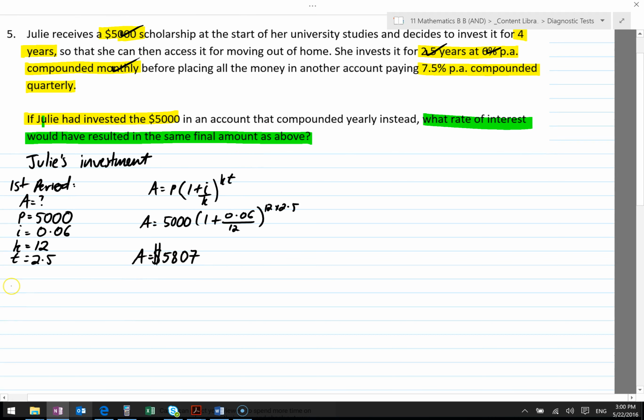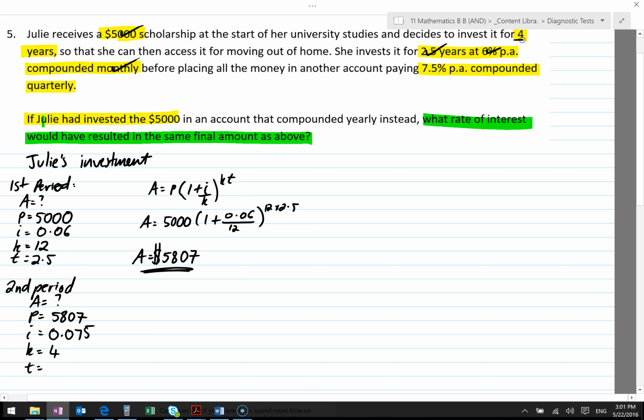Okay, and then there's this second period, where we don't know how much she's going to end up with, but she's investing the amount that she had after 2.5 years in an account that pays 7.5% interest, compounding quarterly. For how long?